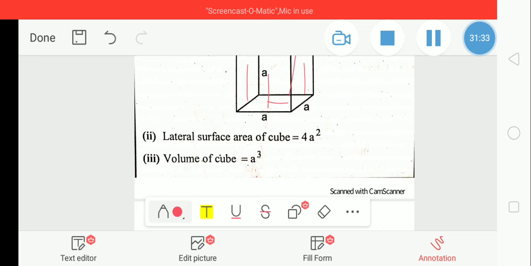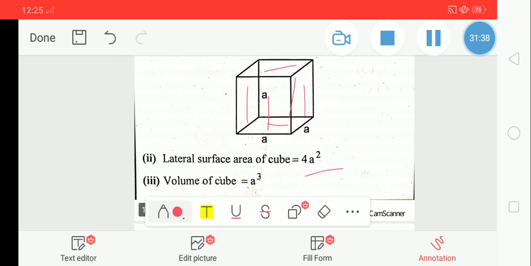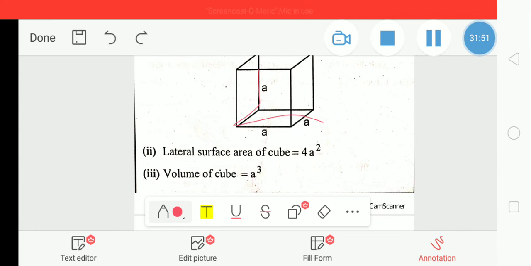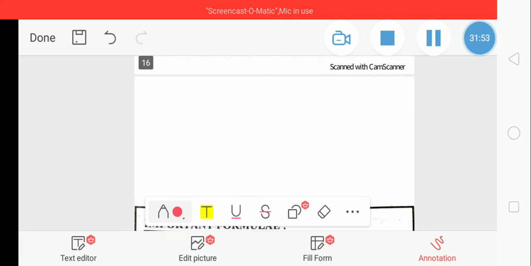Lateral surface area of cube, that is 4 times a square, and volume of cube is a cube. So volume of cube means length multiplied by breadth multiplied by height, means a multiplied by a multiplied by a, so they use a cube.